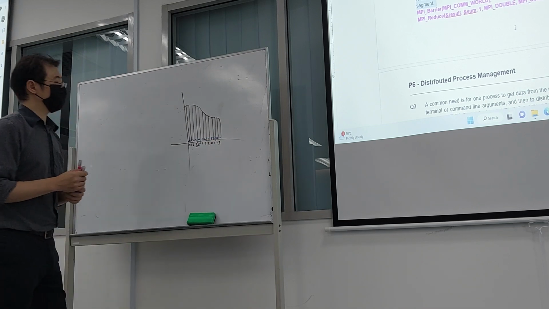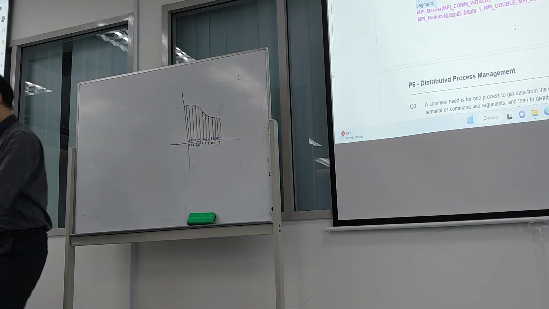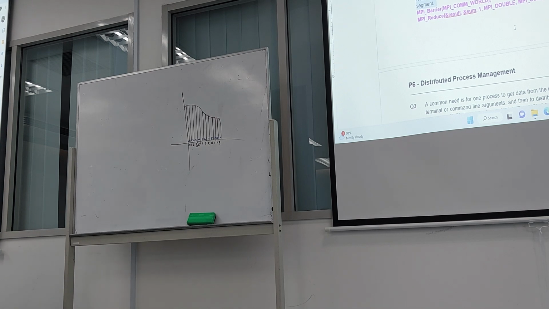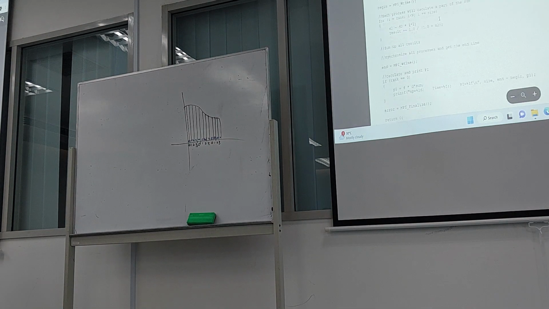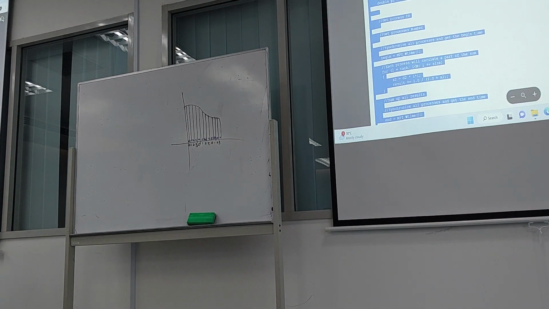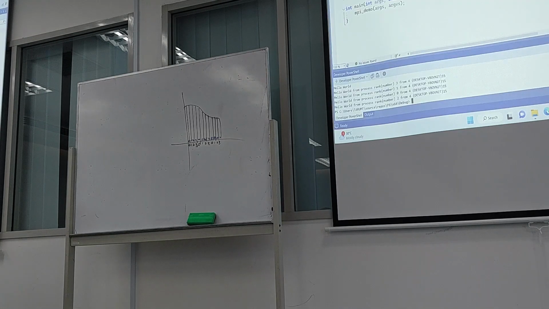Okay? So if you look at the program here, let's have a look. Here's what it does. Okay? We're going to copy this. I'm not going to call it main, I'm going to call it with a different name.